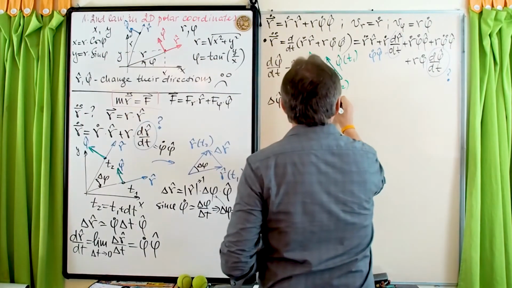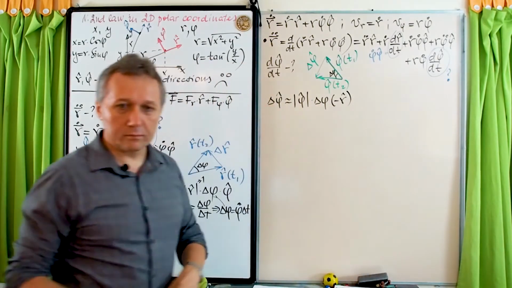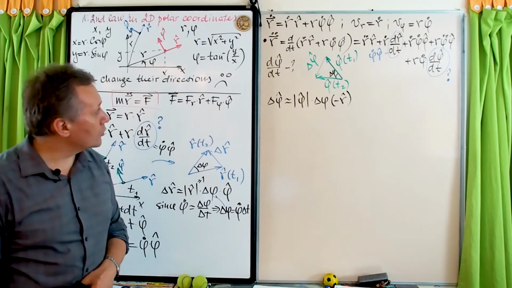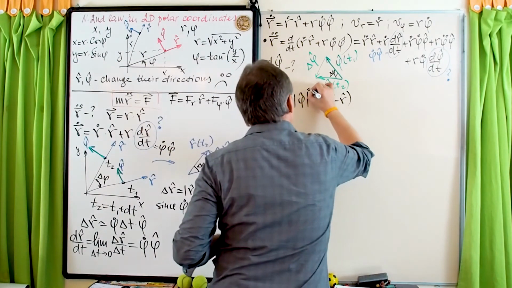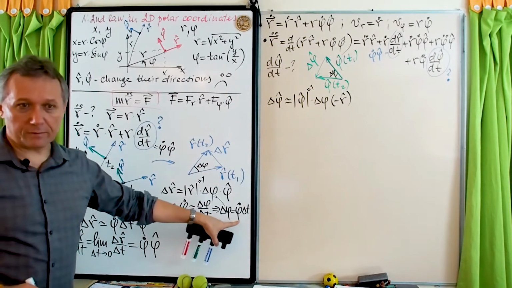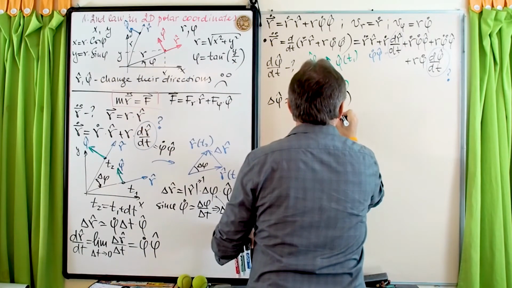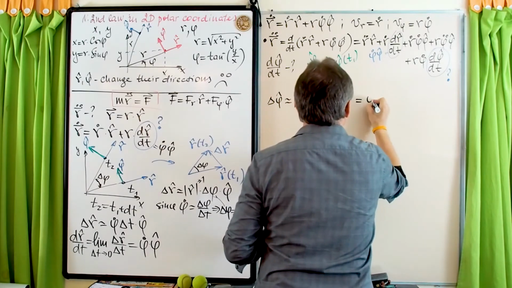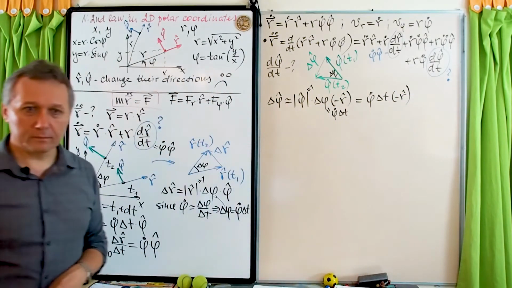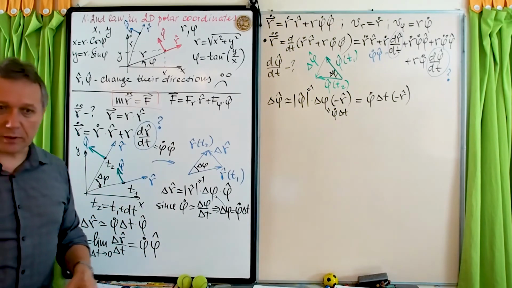So, times minus r hat direction, from the picture. Okay, so now again, this is just one. Delta phi, we will use the same story: phi dot delta t. So as a result, we're getting phi dot delta t and minus r hat direction. The same. Now let's combine delta phi hat and delta t on one side. Take the limit.